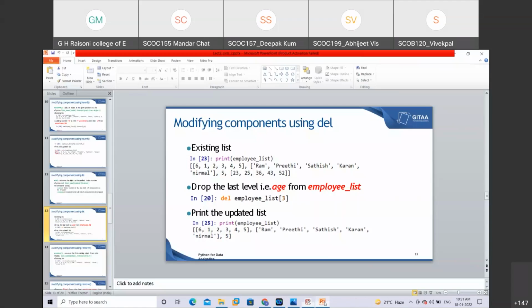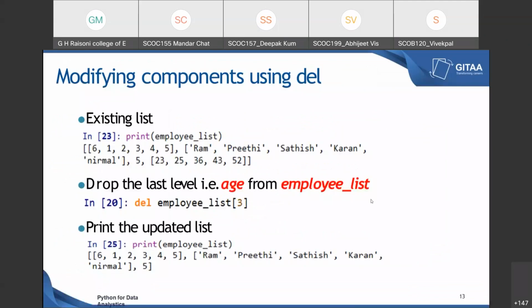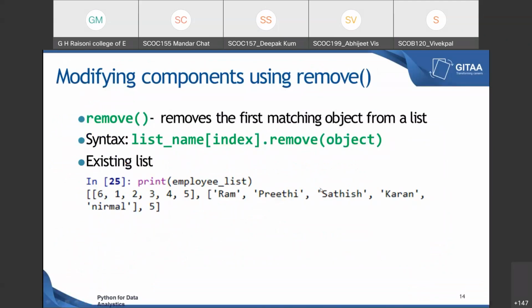Next, I will explain the theory first. Next operation. We have already done delete. Now remove. Now it is a little bit different, like append and insert, as you were asking. Delete and remove are a little bit different.